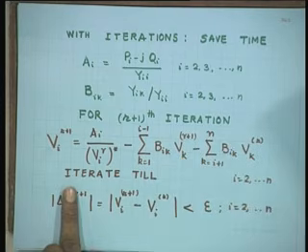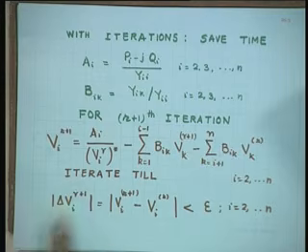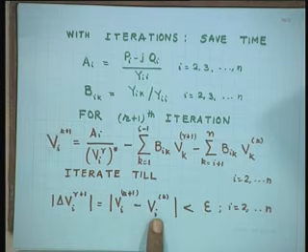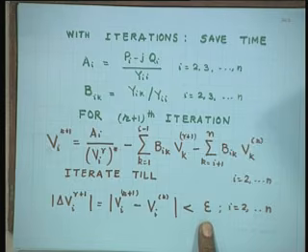And how long will you iterate? Till the voltage difference between the immediate past 2 iterations becomes less than epsilon. And how do you define epsilon? It depends on how much accuracy you desire for your system. If you are very fussy, 10 to the power minus 4, minus 5, minus 6.